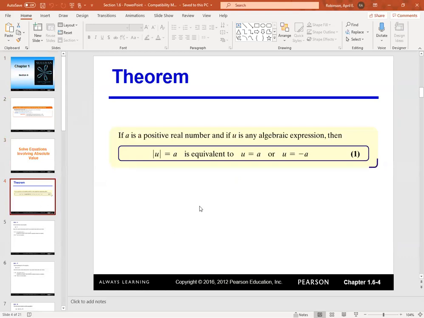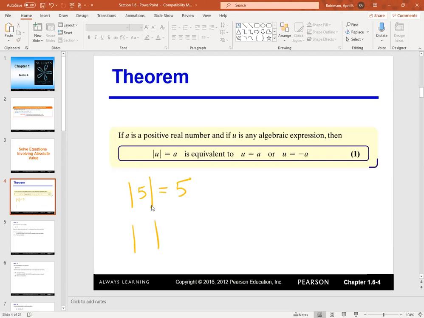Now, if A is a positive real number, and if U is any algebraic expression, then the absolute value of U being set equal to A is actually equivalent to U equaling A or U equaling negative A. For example, the absolute value of 5 is 5.